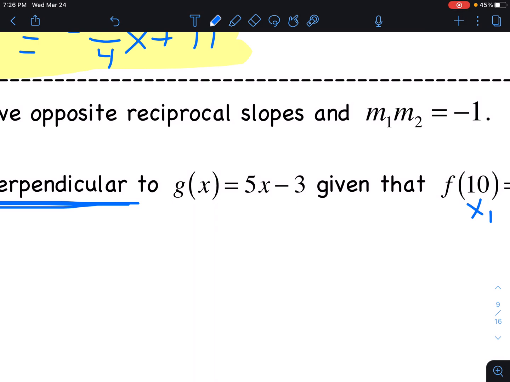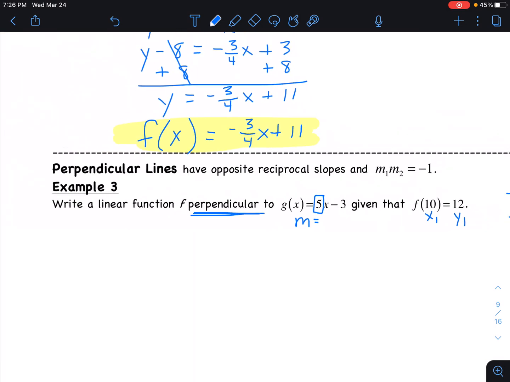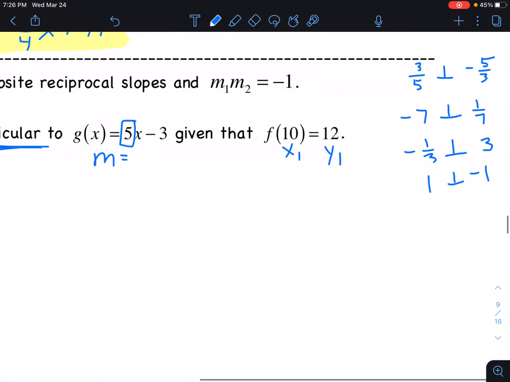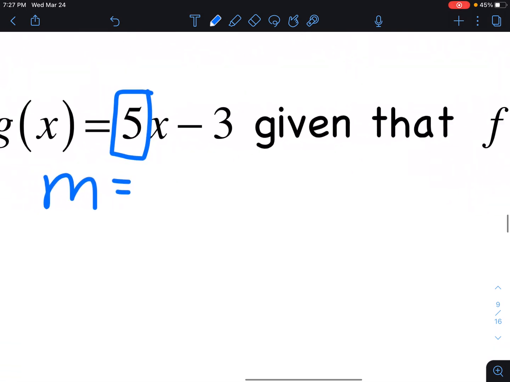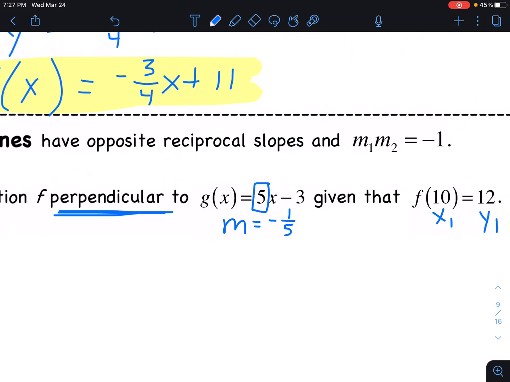Your slope in function g is 5. But we don't want to use the 5 because it says perpendicular. That means we have to change it. So we must use what is perpendicular to 5. Refer back here if you need help. It would be -1/5.